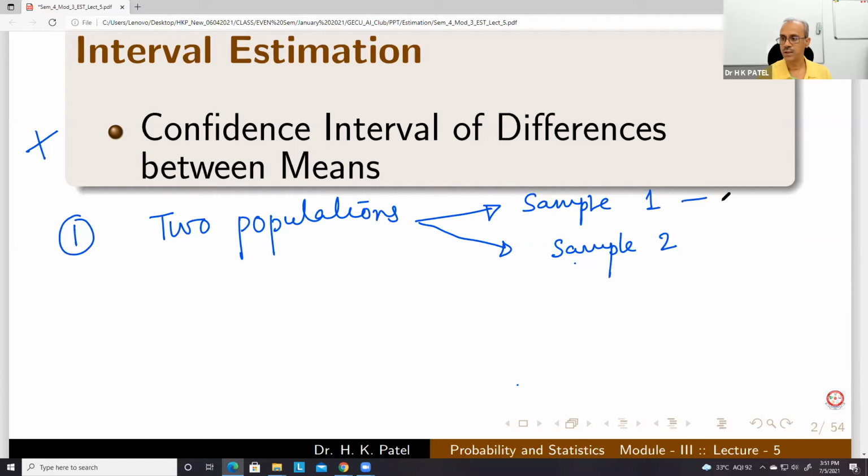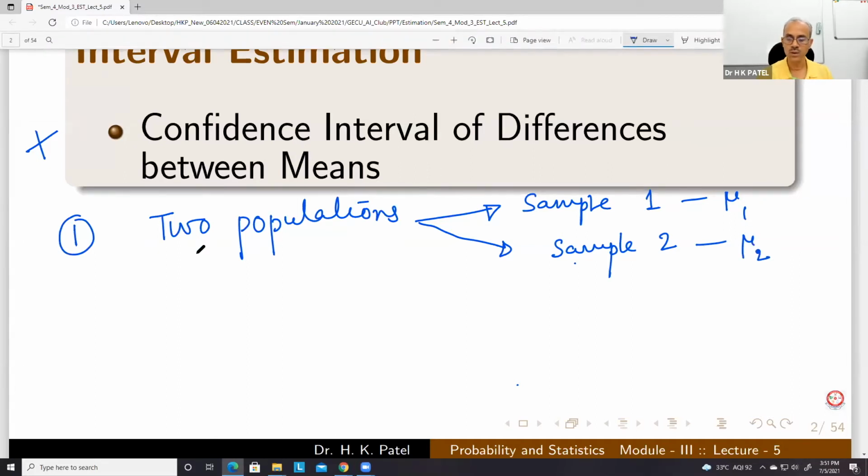Naturally they have means mu1 and mu2. So we would like to find the confidence interval of mu1 minus mu2.